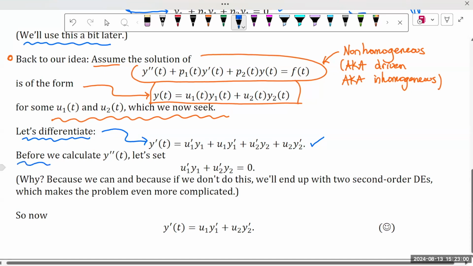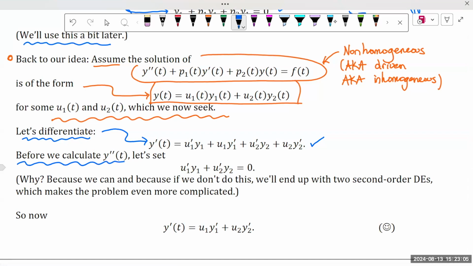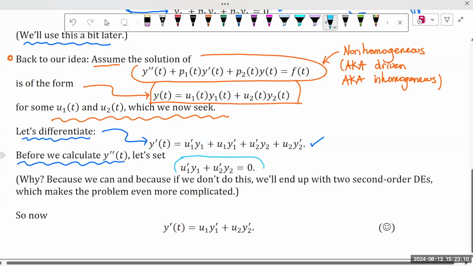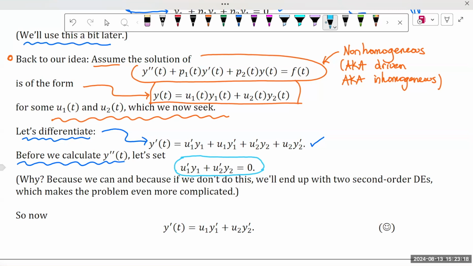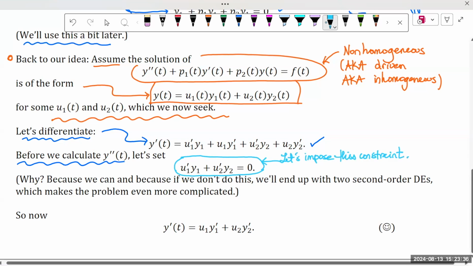So before we take another derivative, let's do something that is going to help us out a lot. What we are going to do is impose this constraint that we want u1 prime y1 plus u2 prime y2 to equal 0. Why are we allowed to impose that constraint?